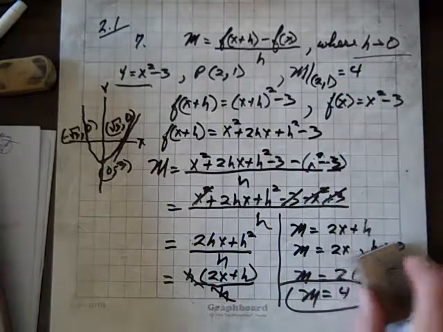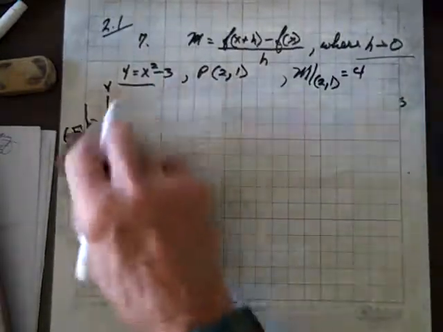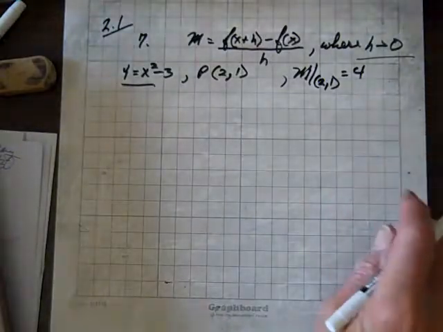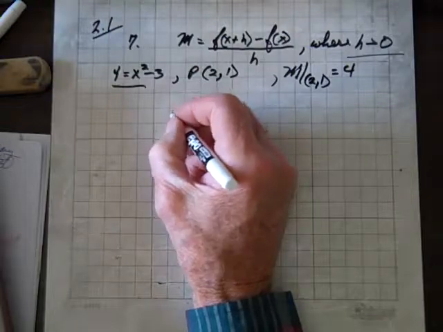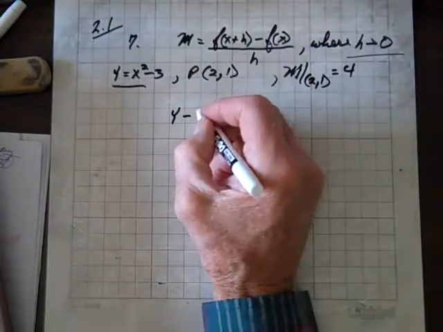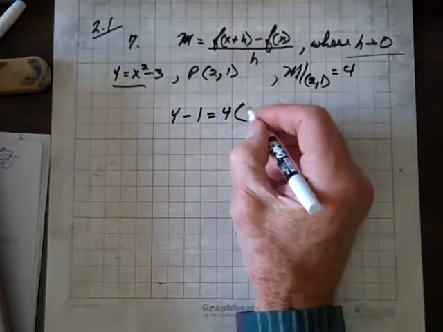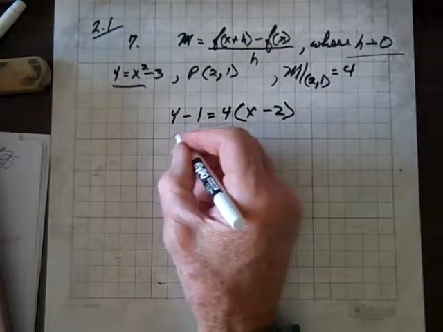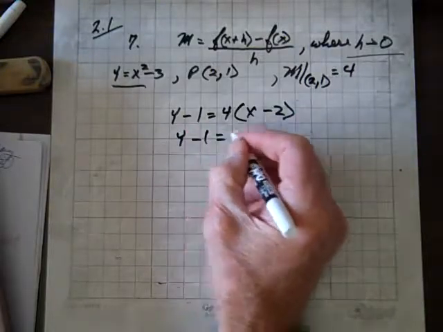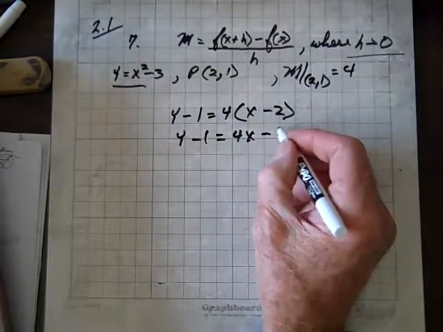Now let's erase the rest of it, and we'll come up with the equation of the tangent line to the curve at that point. And all we use is the point-slope form of the line, so we're going to have y minus the y-coordinate 1 equals the slope, 4, times x minus 2. So y minus 1 equals 4x, and 4 times 2 is 8, minus 8.